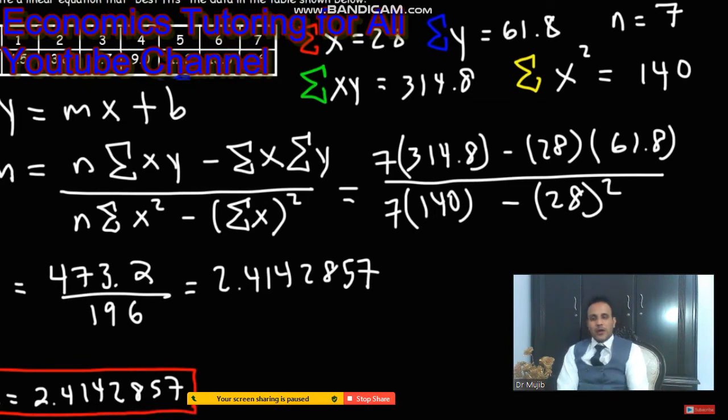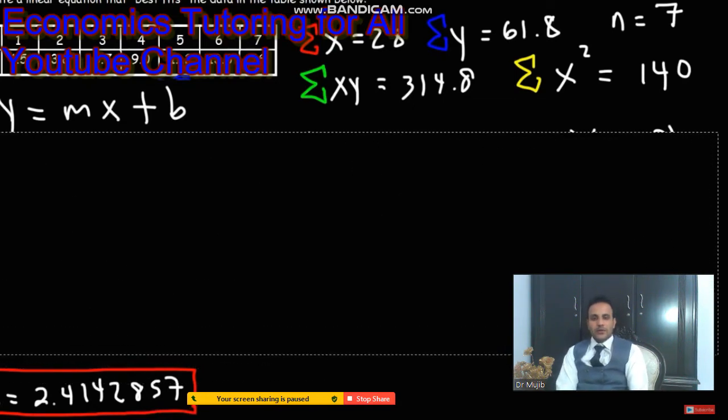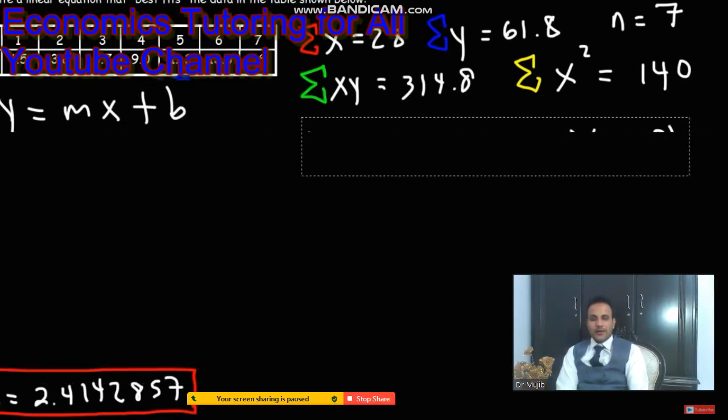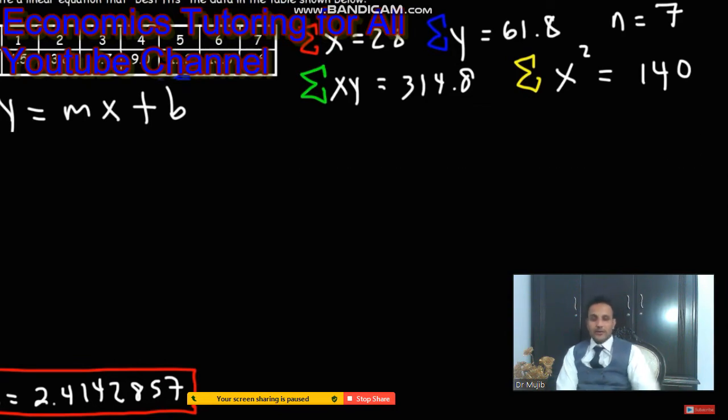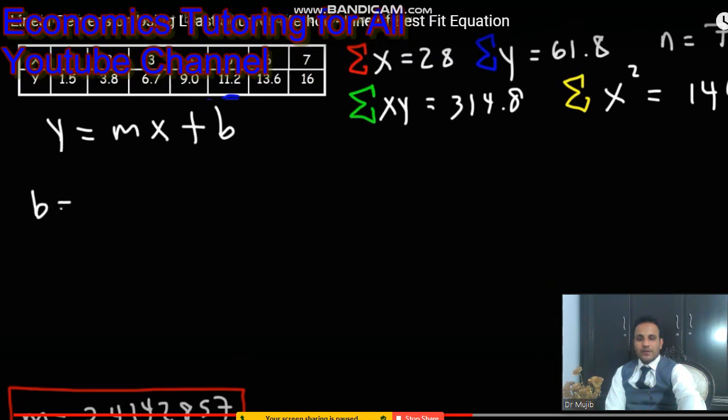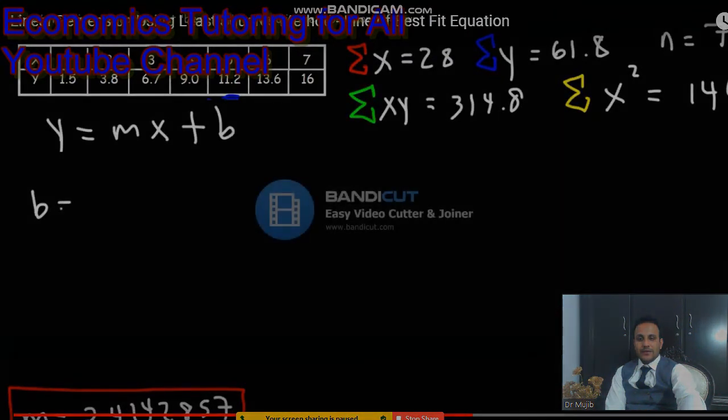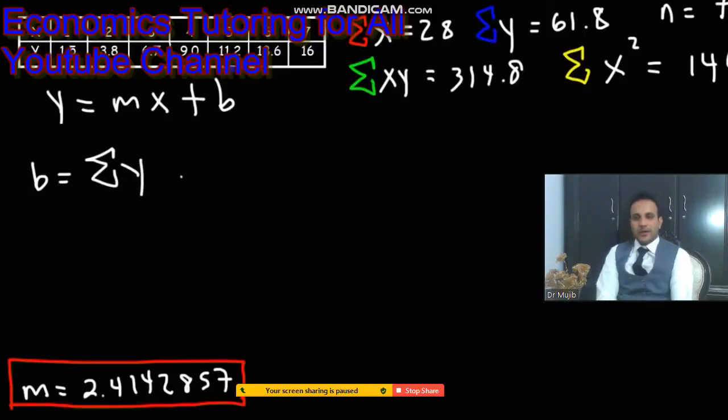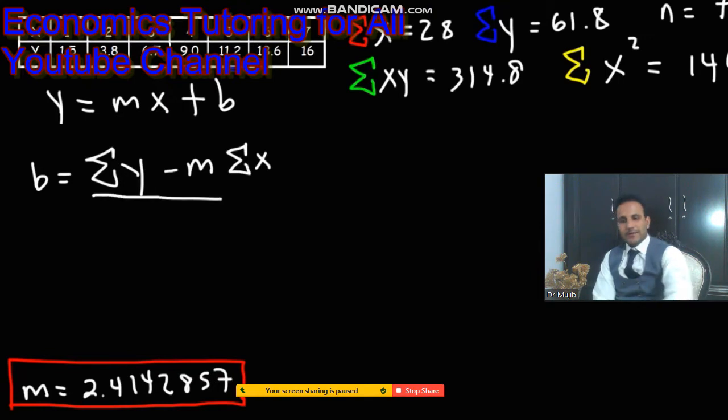Now next we have to find the value of b, which is known as the intercept of the line. For that purpose we write the formula of the intercept, which is summation y minus m times summation x, divided by n.